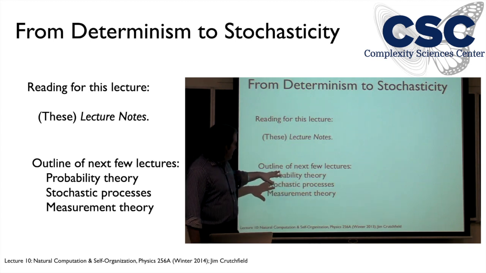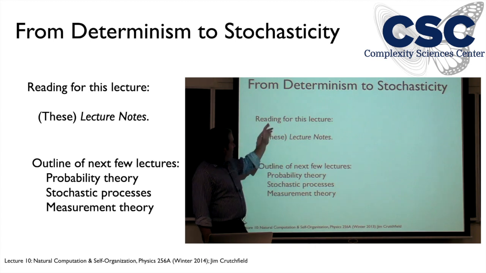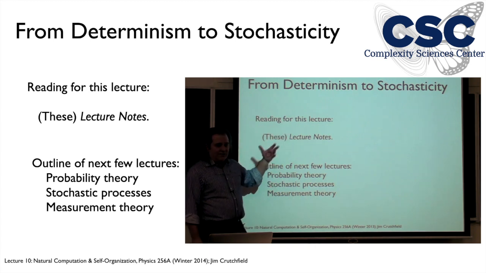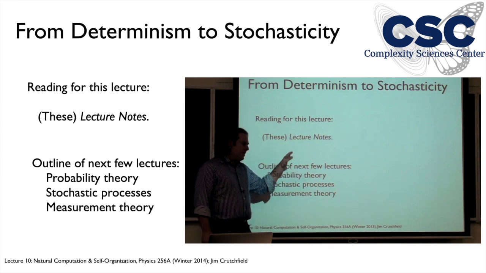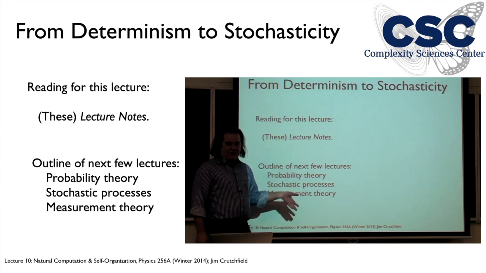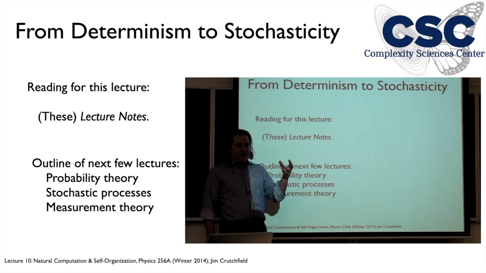So what we're going to do is 3 lectures, nominally on trying to understand how to deal with stochasticity. Today will be a little bit looking back at dynamical systems and trying to understand how dynamical systems evolve probability distributions.